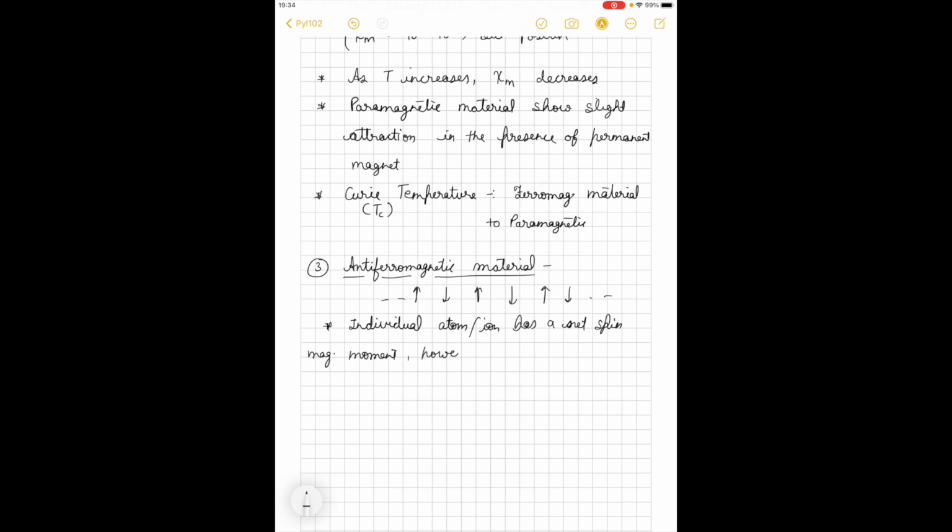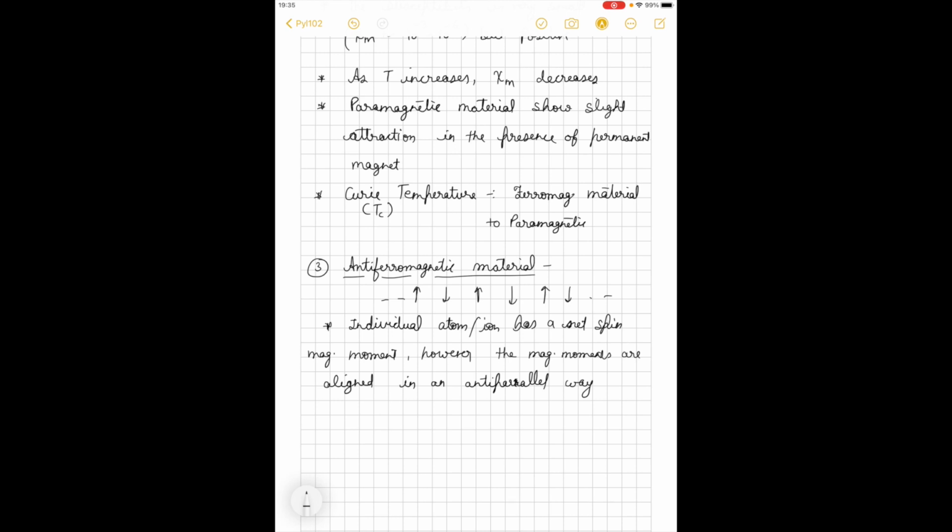However, the magnetic moments are aligned in an anti-parallel way. Okay, so that's the antiferromagnetic material for us.